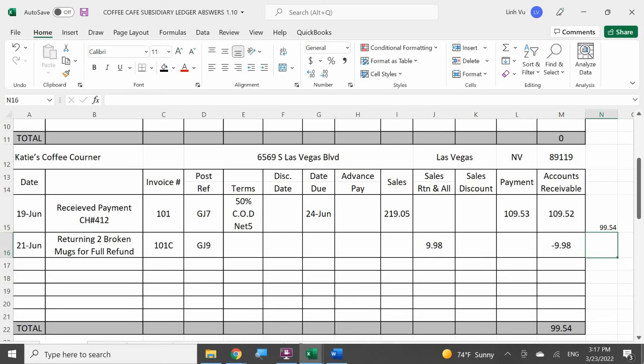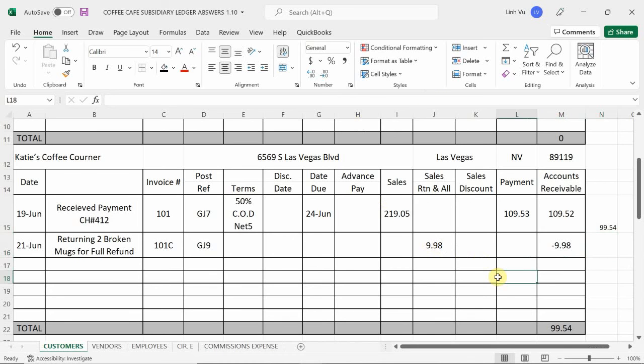You need to do your duties to send them another notification with the updated amount so they can properly pay you. Okay? So that means Katie owes me $9.98 less for this invoice.